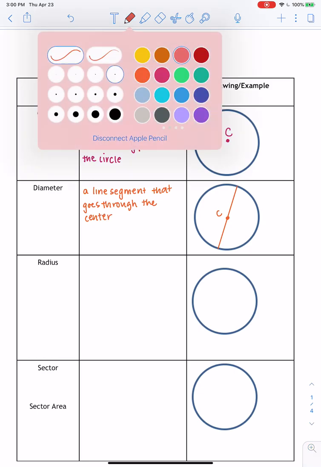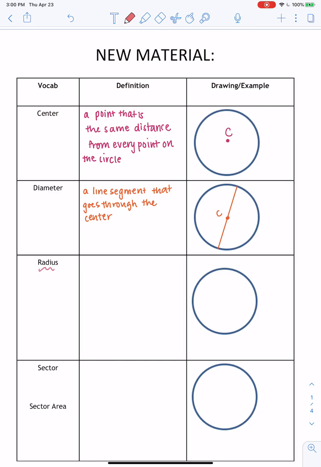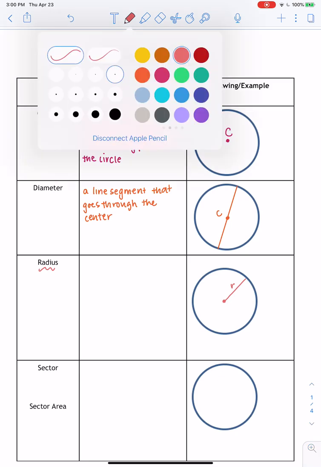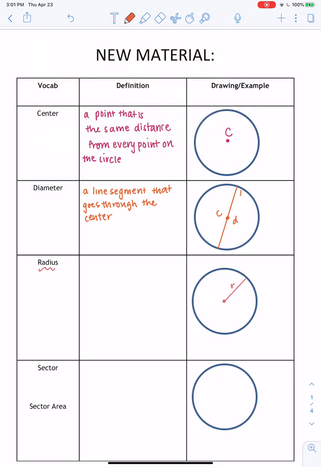We also had the term radius. This is another one that we've talked about before. Little r. Usually we label diameters with lowercase d. So little r here.